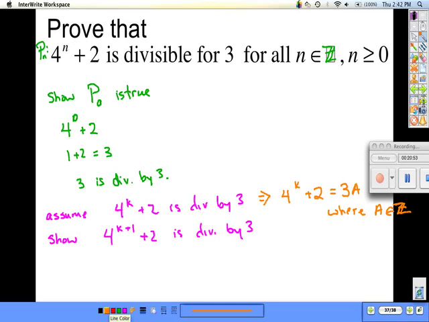So now we got to do a little bit of work. 4 to the k times 4 plus 2. Our goal is to be able to write this as 3 times some integer. And we know that 4 to the k is equal to 3a minus 2. I'm using the assumption from above to substitute in here.